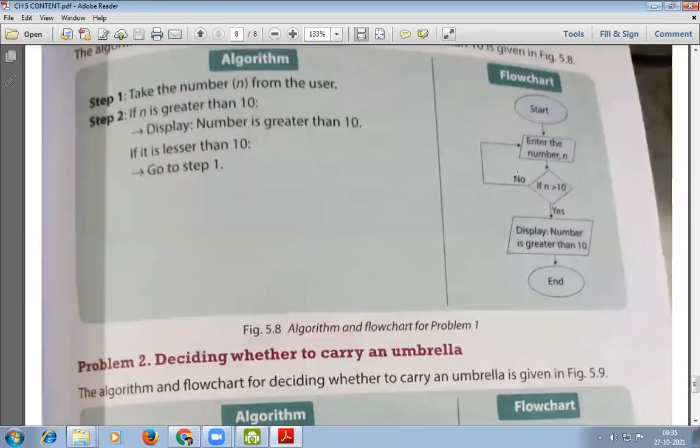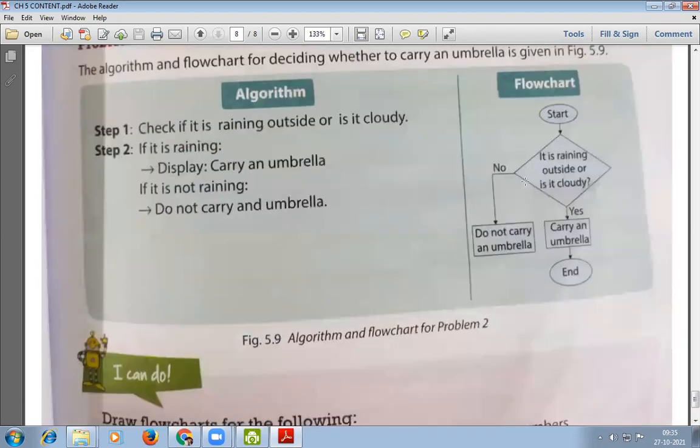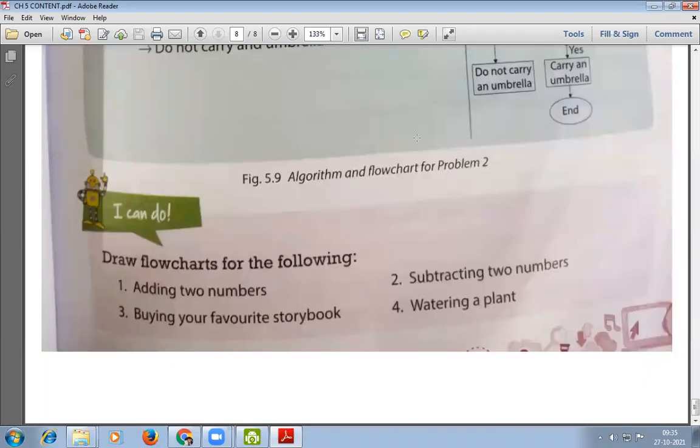Look here: is it raining outside or is it cloudy? If yes, then carry an umbrella and the flow ends here. Otherwise, do not carry an umbrella. So this is an easy algorithm already given here.